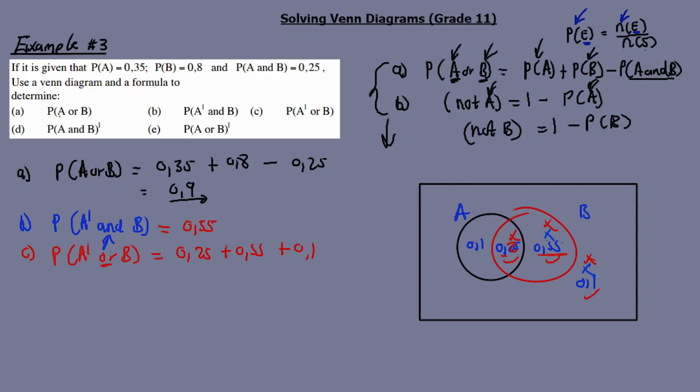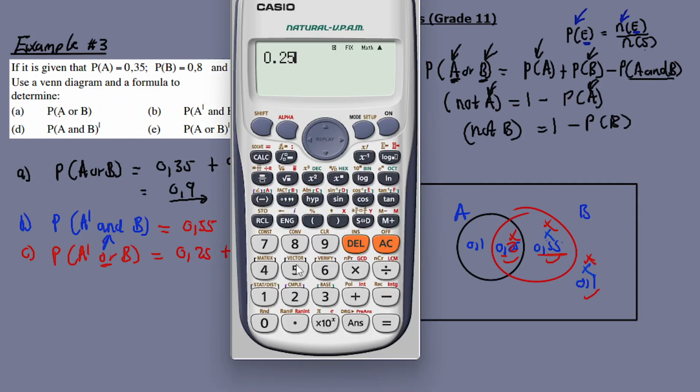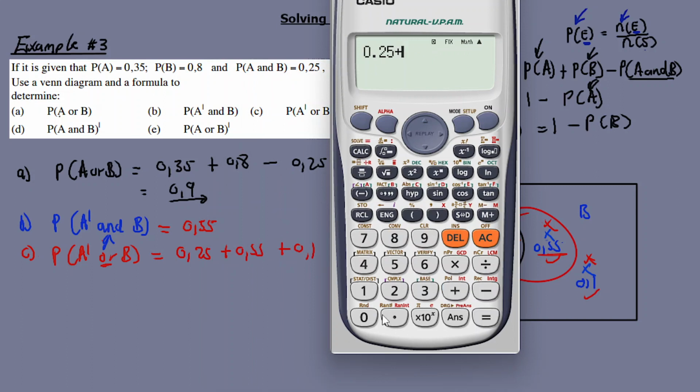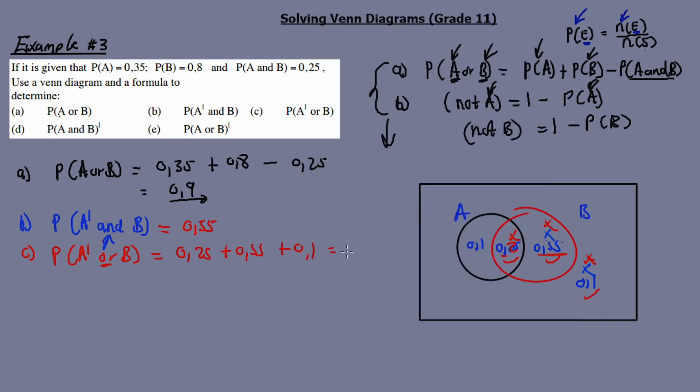So our answer should be 0.25 plus 0.55 plus 0.1, answer 0.9. That is C.